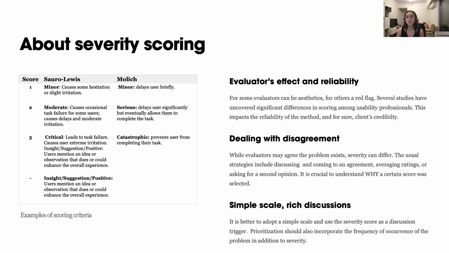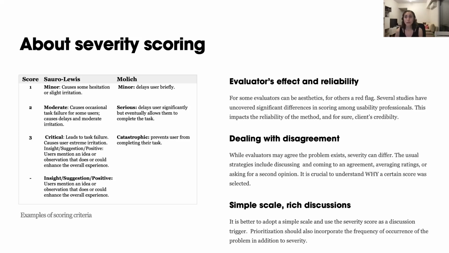Serious delays significantly but allows completing the task. And probably catastrophic, you may not use the word catastrophic for sure, is that it prevents the user from performing the task. For example, I cannot close the application, or I cannot remove my user from Netflix. That's something which prevents the task.